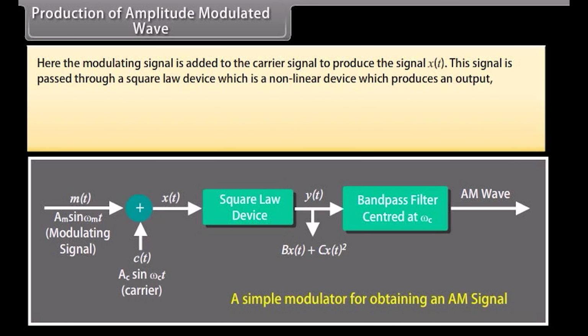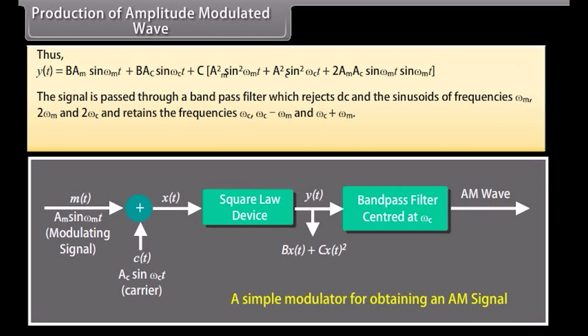Production of amplitude modulated wave. Here the modulating signal is added to the carrier signal to produce the signal x(t). This signal is passed through a square law device, which is a non-linear device which produces an output given by y(t) = b x(t) + c x squared(t), where b and c are constants.